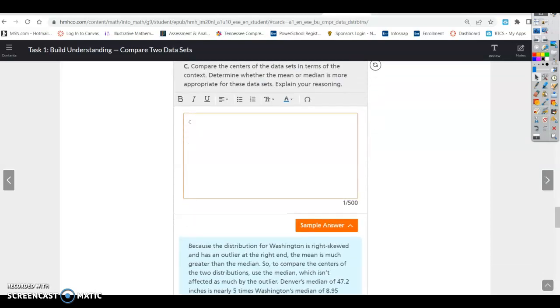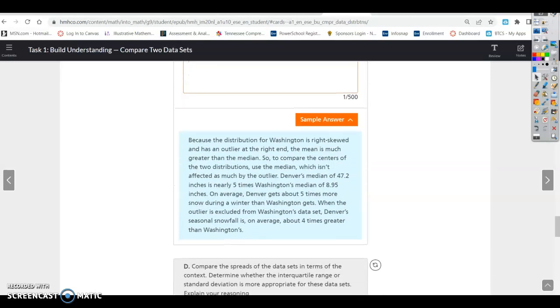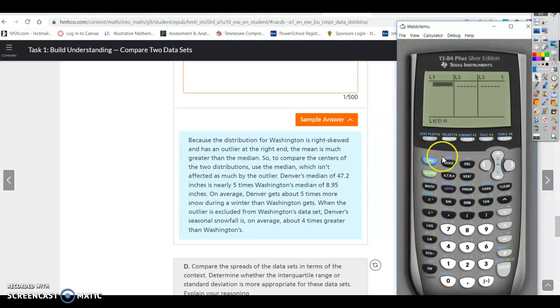Compare the centers of data sets in terms of the context. Determine whether the mean or the median is more appropriate for these data sets. Explain your reasoning. All right, so what I would do is go to my calculator and go to stats and edit, and enter the table here, just the snowfall amounts.